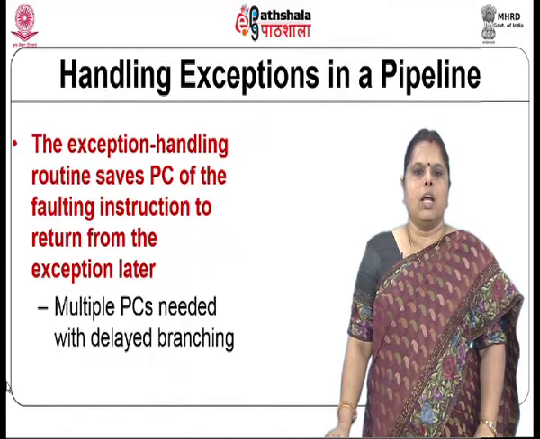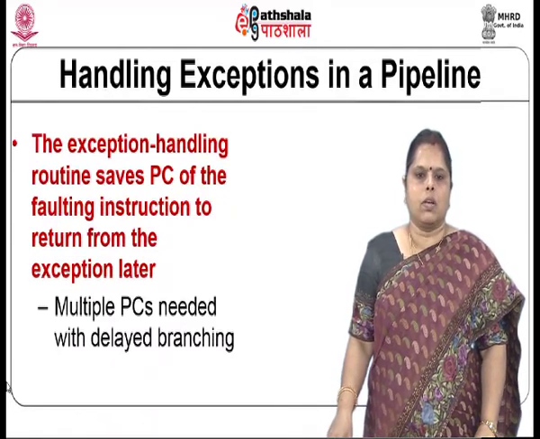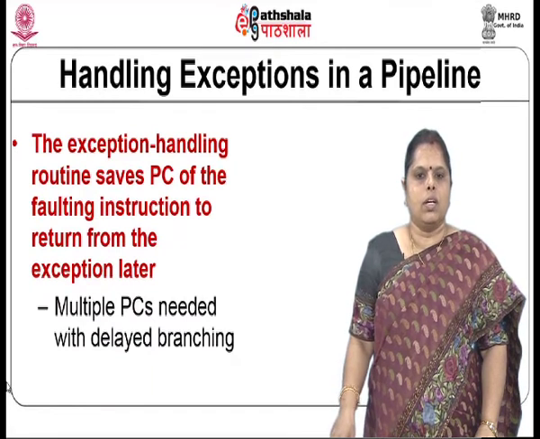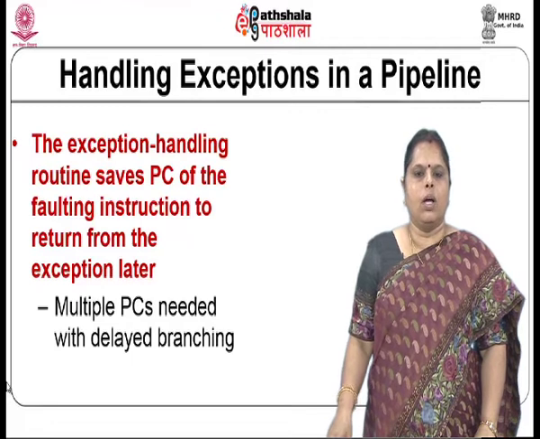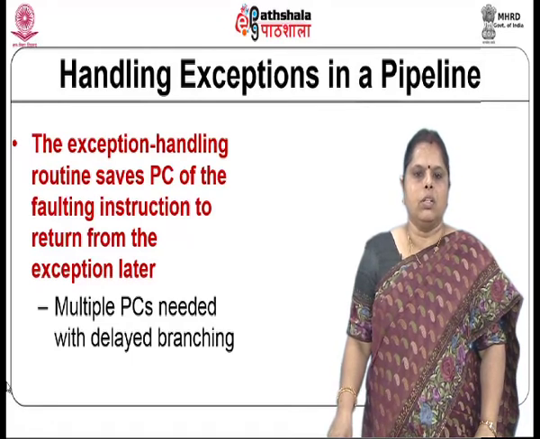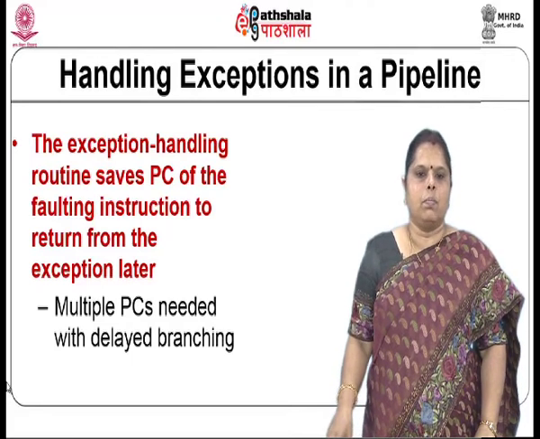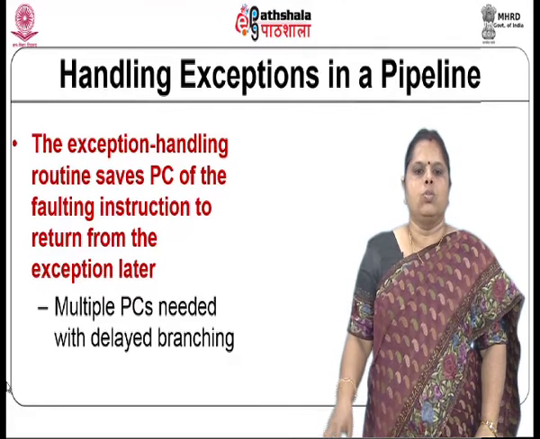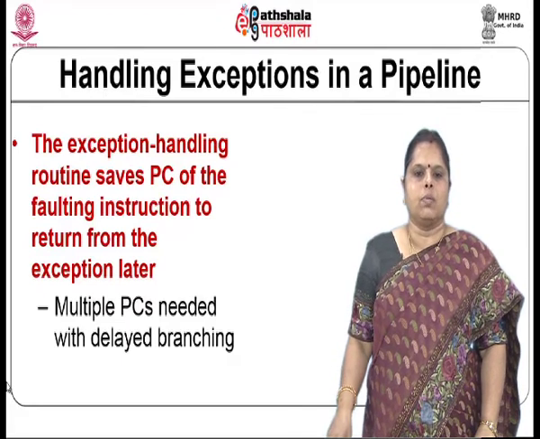The exception handling routine saves the program counter of the faulting instruction to return from the exception later. As soon as the trap takes charge, the exception handler comes into the picture, and it saves the PC of the faulting instruction so that it is able to return from the exception later.